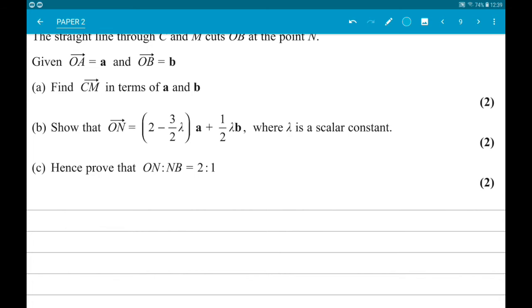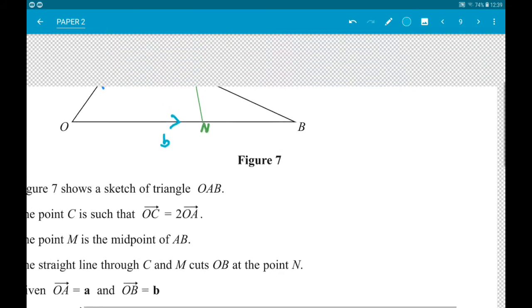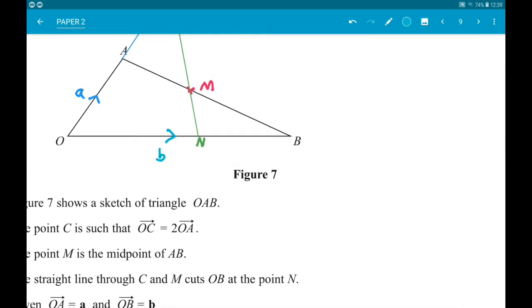Alright, so we know that because N is on the way to B from O, it should only have a b component. So that means, in what we just found above, the a component needs to be 0.